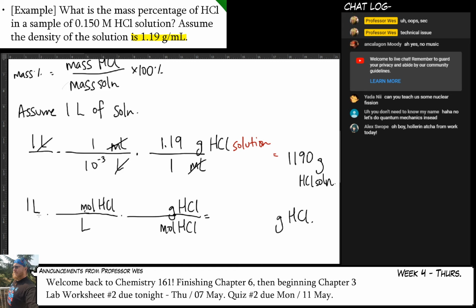So let's run the numbers. First, let me cancel out my units. So the molarity of my solution is 0.150 moles HCl per liter. And I don't know what HCl is per mole. It's like 36.45. 36.46, okay.